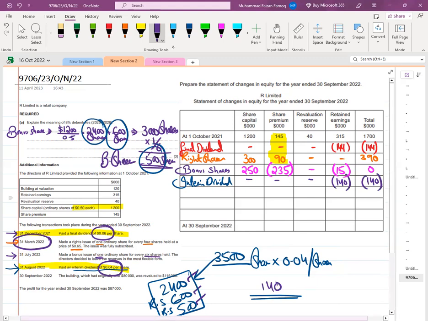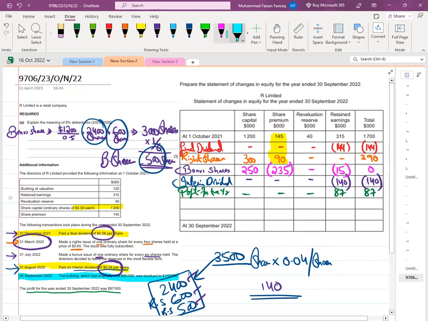We have profit for the year. No problem. Profit for the year. We all know that profit for the year needs to be added in retained earnings. If it is a loss for the year, it's going to be deducted from retained earnings. And do we leave any point?